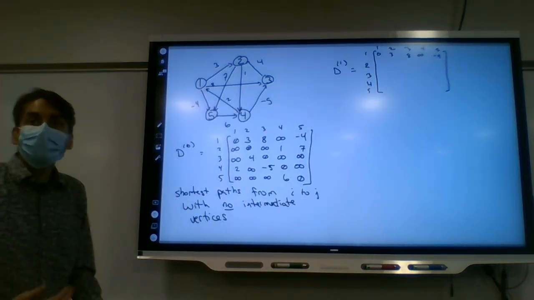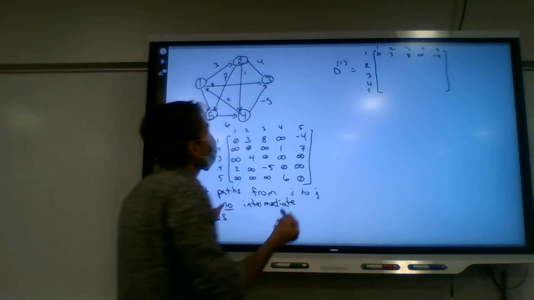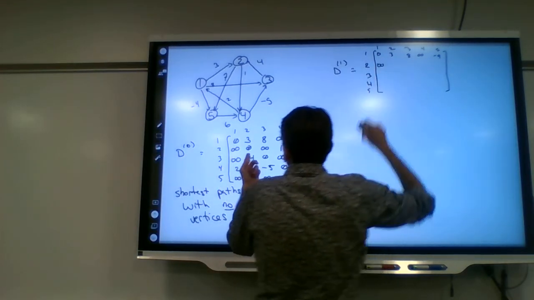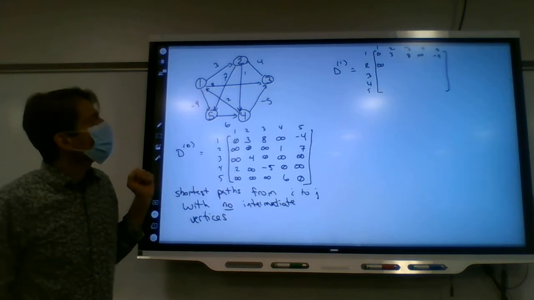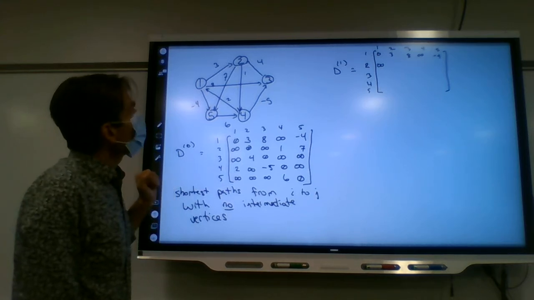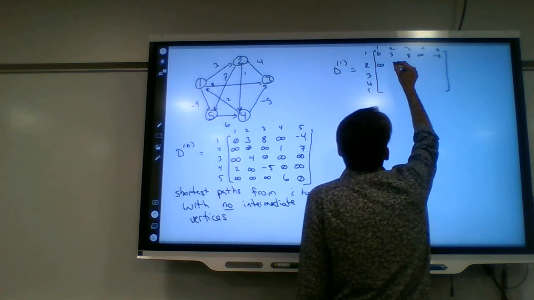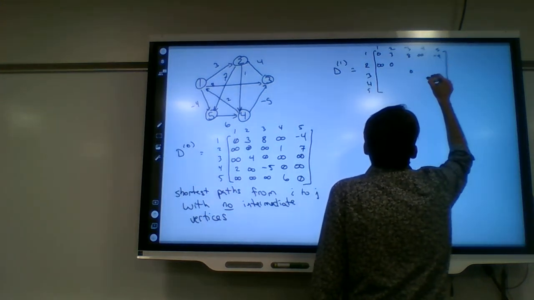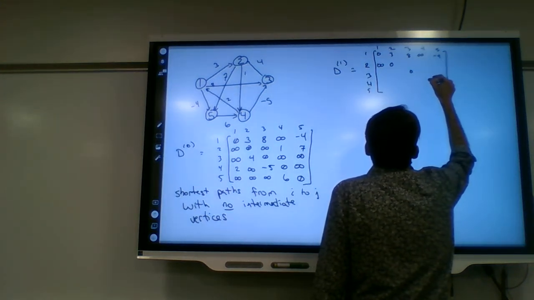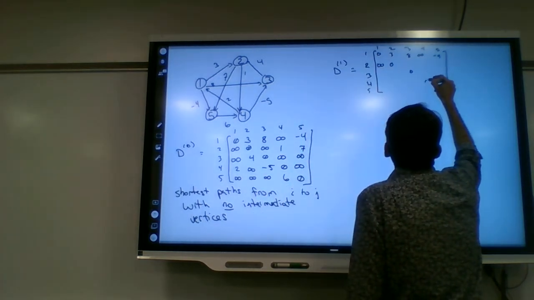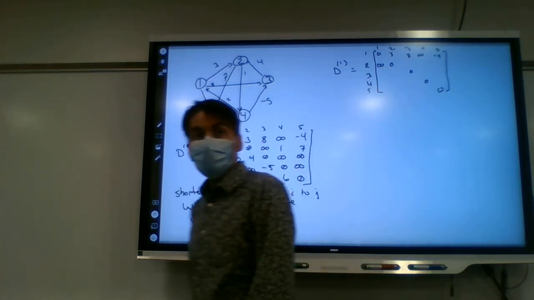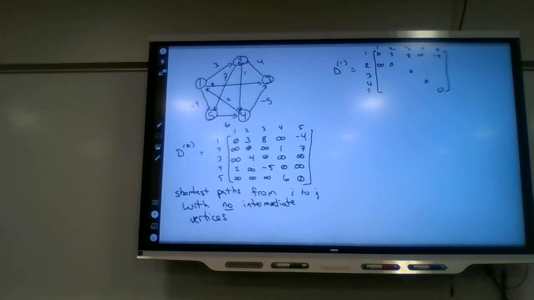Going from 2 to 1 and being allowed to go through 1 doesn't help us any. So we get the same value that we had in the old case. Going from 2 to 2, we don't have any negative cycles, so those can never go down. If we had negative cycles, those zeros could become smaller, right?